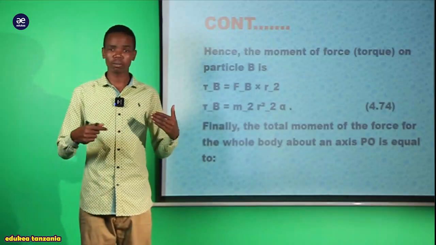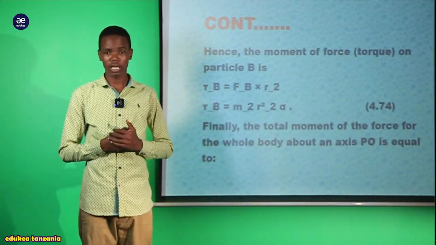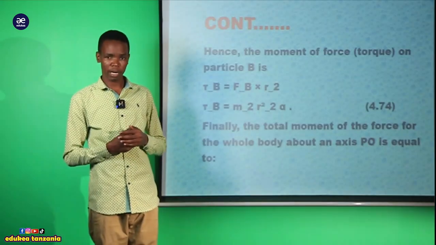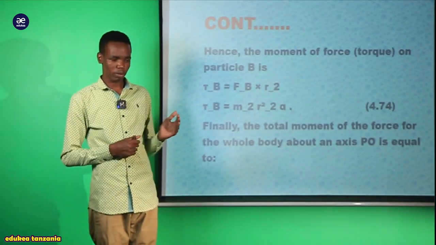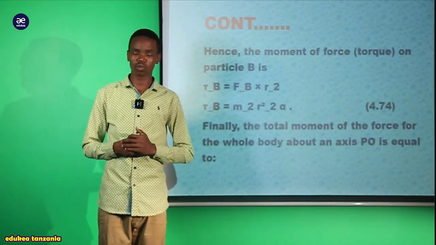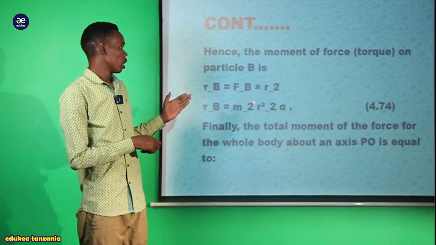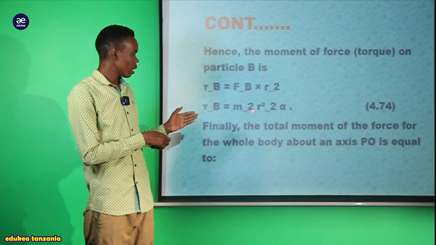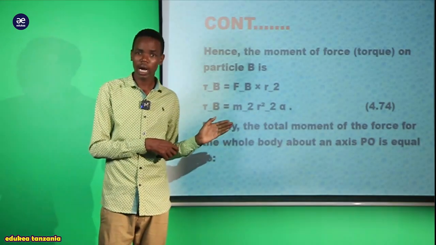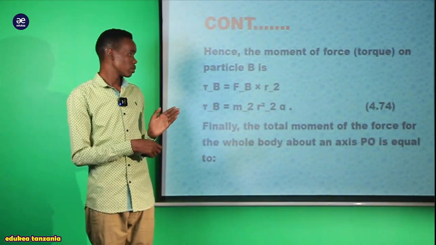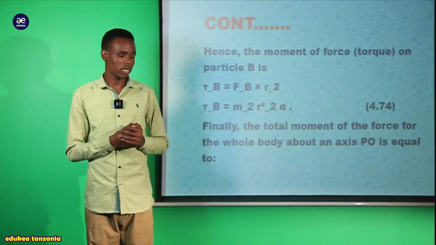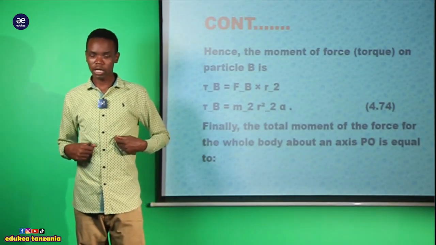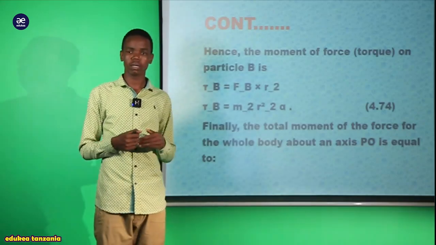So we can substitute F_B here. As we know, F_B was demonstrated in equation number 73, which is equal to m2 r2 times the angular acceleration. Now if we substitute, we get m2 times r2 square times the angular acceleration, which represents the torque at the point B. So how do we get the torque at the point B?